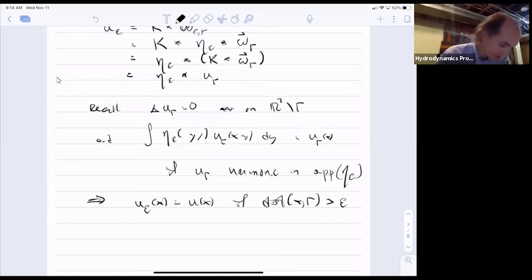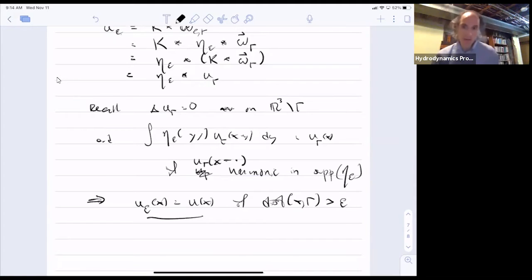So if the distance of x to gamma is bigger than epsilon, then when I do this integral, then when y is in the support of gamma, I'm looking at points x minus y which are bounded away from gamma. And this holds.